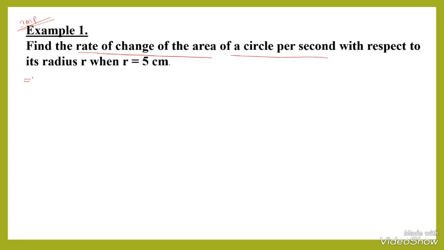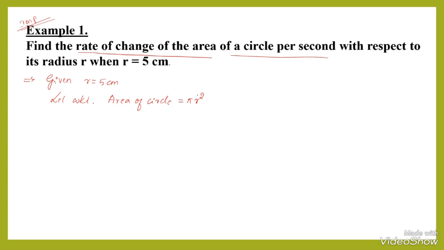We know the given point, that is, only the radius, which is 5 centimeter. Other than that we don't know anything, but we have to find the area. Area of circle is pi r square.